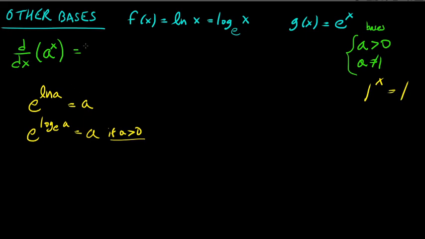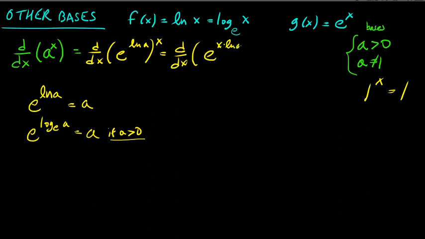Yep. So notice when we take the derivative here, we can take the derivative of e to the natural log of a to the power x, right? Which, of course, by the rules of exponents, is just the derivative of e to the power x times this number, log a. Log of a is just a number, right? And so we know how to take the derivative of e to any power.